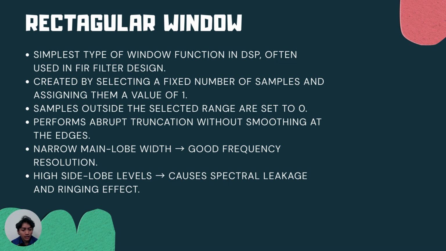Outside the selected ones, values are set to zero. Rectangular windows form an upright formation without smoothing at the edges. The rectangular window has a narrow main lobe and good frequency resolution, but has a high side lobe level, causing spectral leakage and the ringing effect.